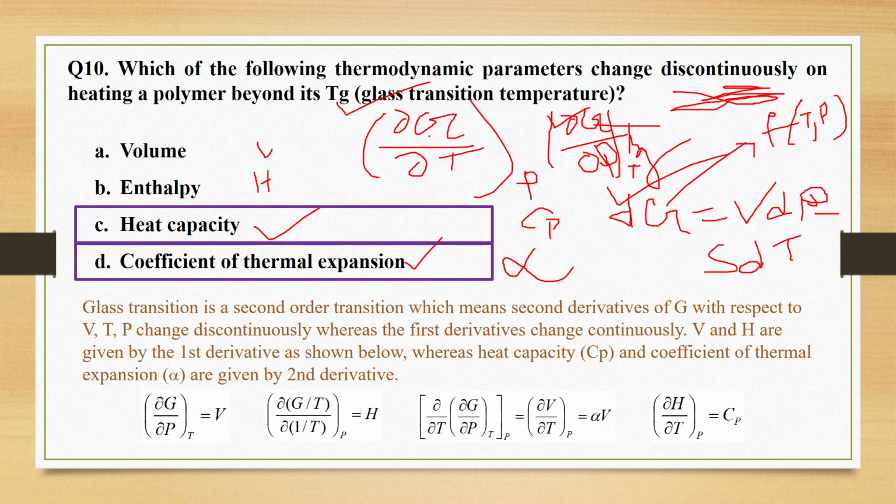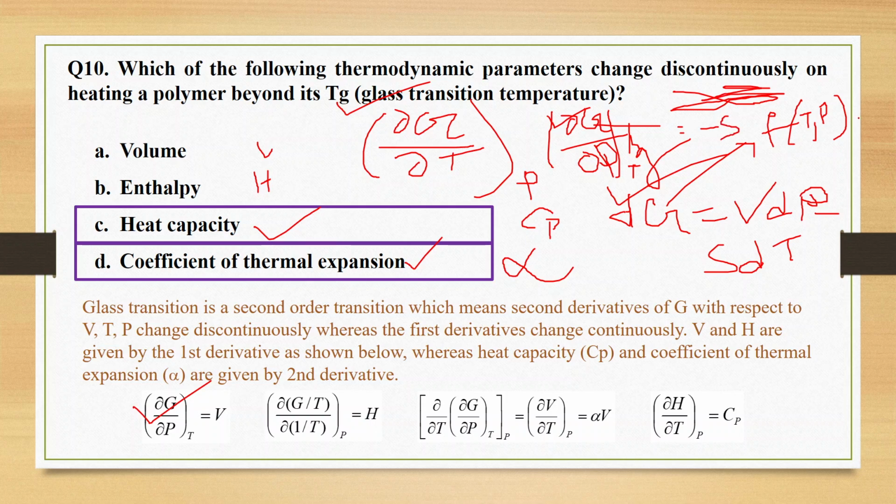So when you take the derivative del G del P at constant T, you will end up with V. Del G del T at constant P will be equal to minus S. S means your entropy.